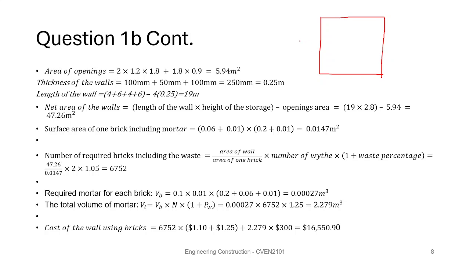If we know this is 4 meters and this is 6 meters, the perimeter would be 4 plus 6 plus 4 plus 6, which is 20. But in this case, our line is in 3 dimensions. So the walls have thickness over here. What this 0.25 meter is trying to get rid of is these parts over here, because now you have overlaps.